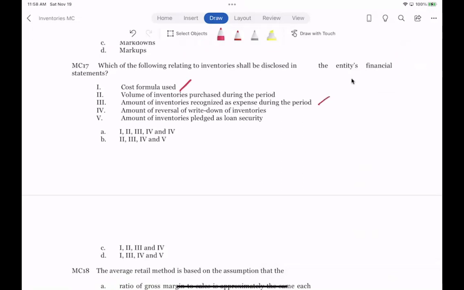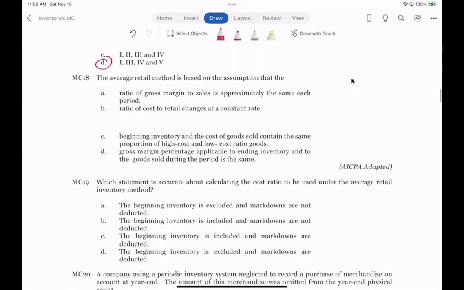So that is cost of goods sold under the function of expense method, under the nature of expense method, that is purchases adjusted for the change in inventory. Amount of reversal of write-down of inventories, yes. Amount of inventories pledged as loan security. Any asset that is pledged as loan security always requires disclosure. So therefore, it's 1, 3, 4, and 5. So it's letter D.